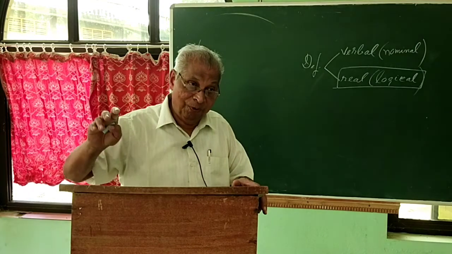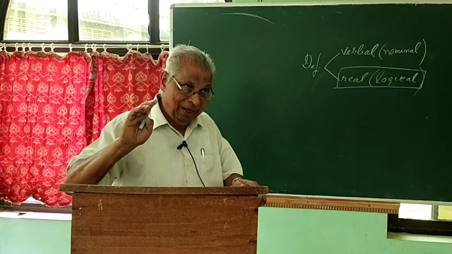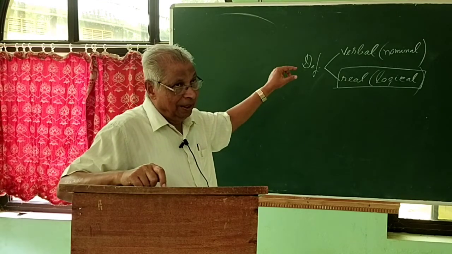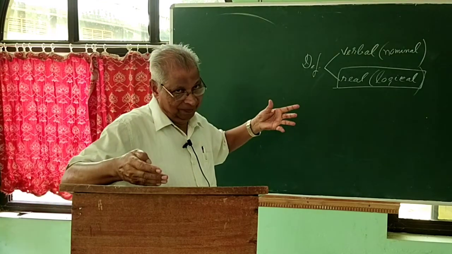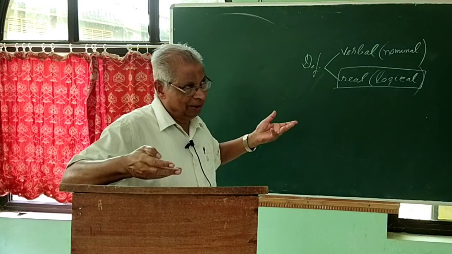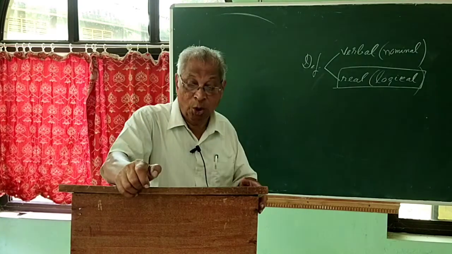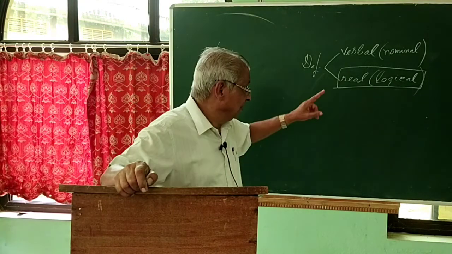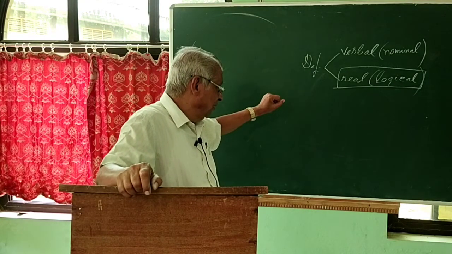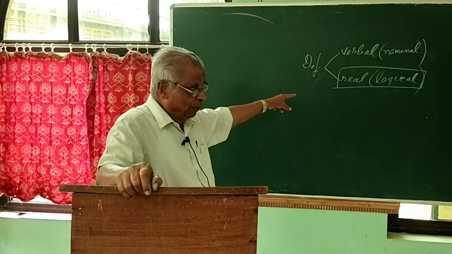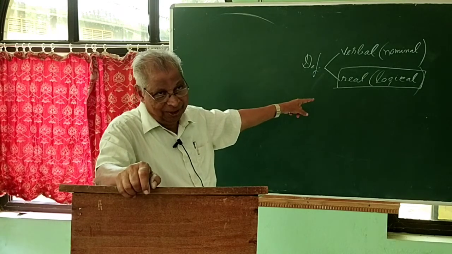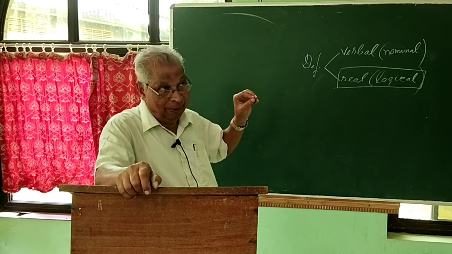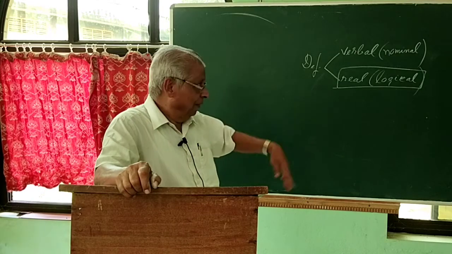So, love of wisdom. But that is not the real definition. It is only a verbal definition. Verbal means defining the word. Nominal means it is only giving the meaning of the word. Both refer to the same. So this is the first division. But we will be going into the real or logical definition with which we are concerned. The other one we are not so concerned with, but only by way of information I am giving it to you.